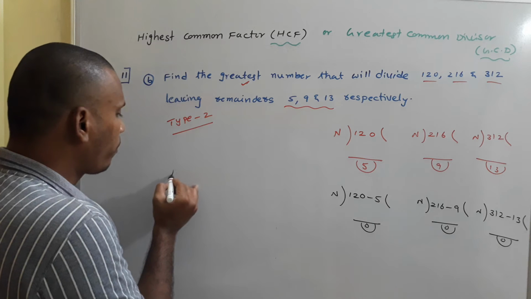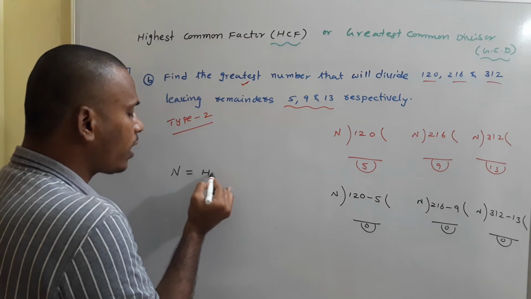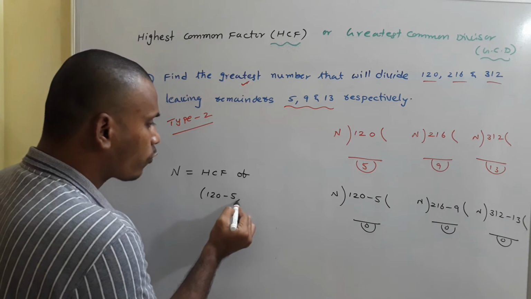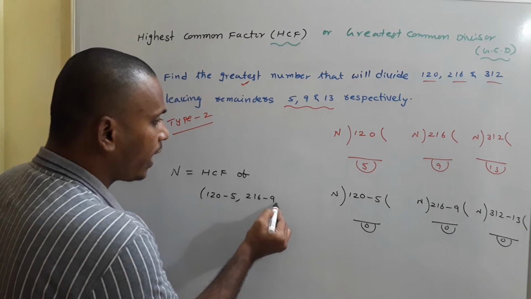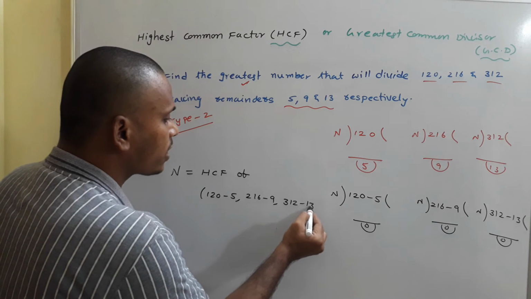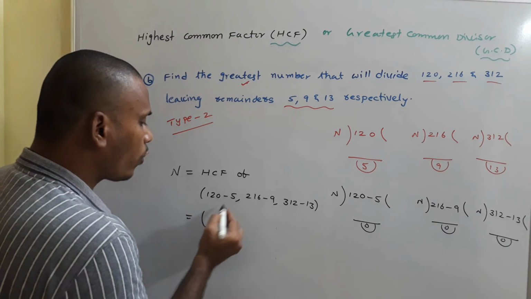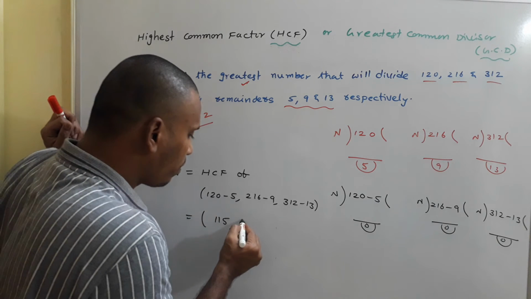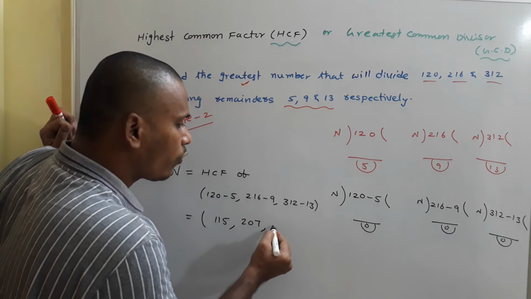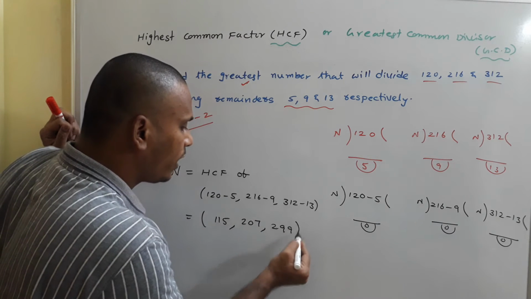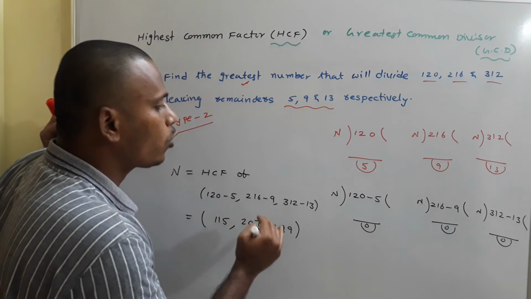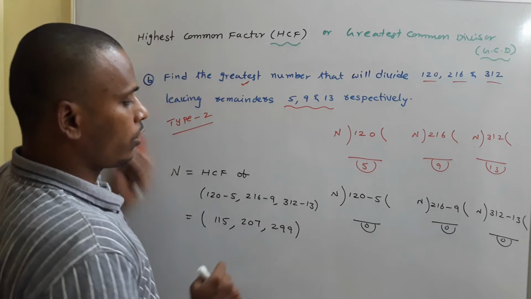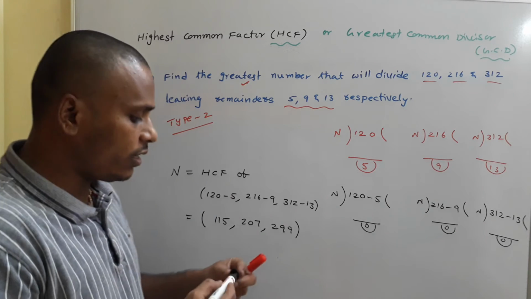So for this problem, our required n is simply the highest common factor of 120 minus 5, 216 minus 9, 312 minus 13. 120 minus 5 is simply 115. 216 minus 9 is simply what? 207, and 312 minus 13 is 299. So 115, 207 and 299 are the three numbers. For these three numbers we need to find the HCF. So again, how can we find the HCF?